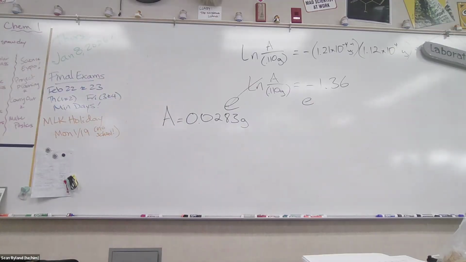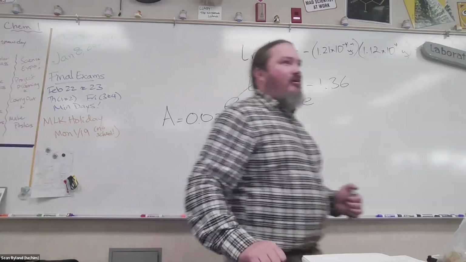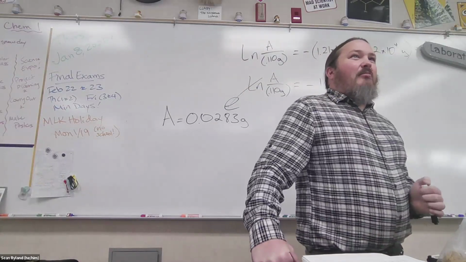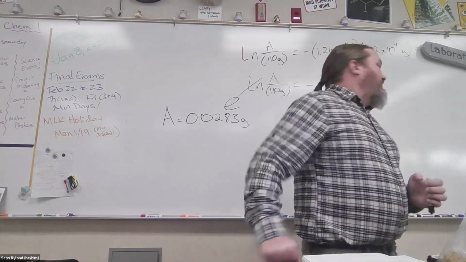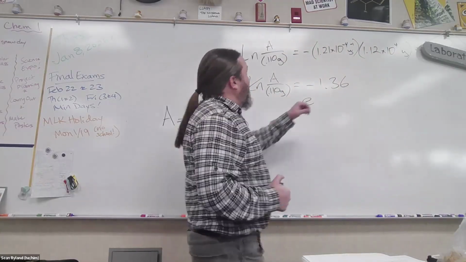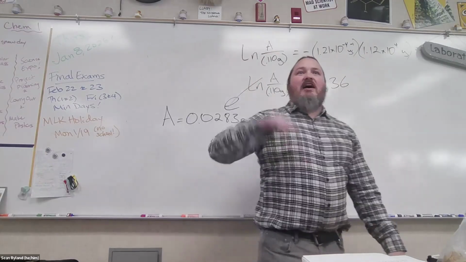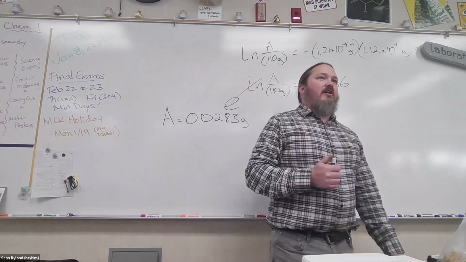Does anybody know what the high end of what we can use carbon-14 dating for is? Like the number of years? In theory, it's just going to keep getting cut in half every 5,700 years, right?